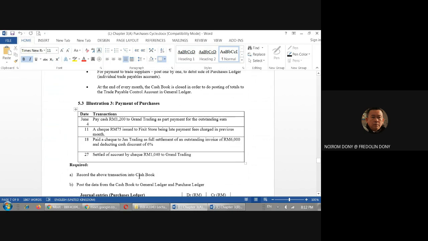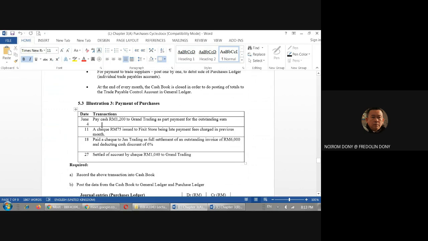You have to know how to draw the cash book and then post the data from the cash book to the general ledger and purchases ledger. So you need to do two steps. The first step, single entry in the purchases ledger, and the second step, double entry in the general ledger. So that is the requirement.